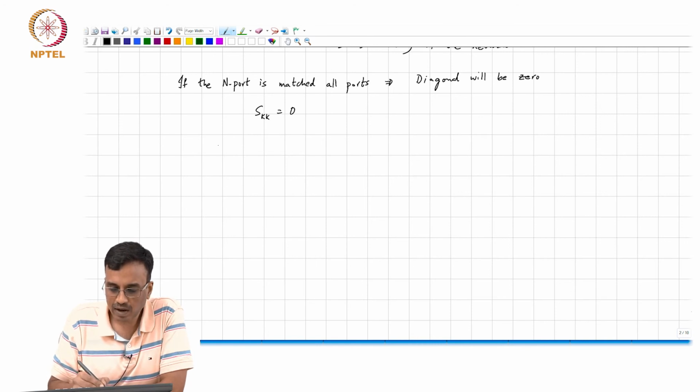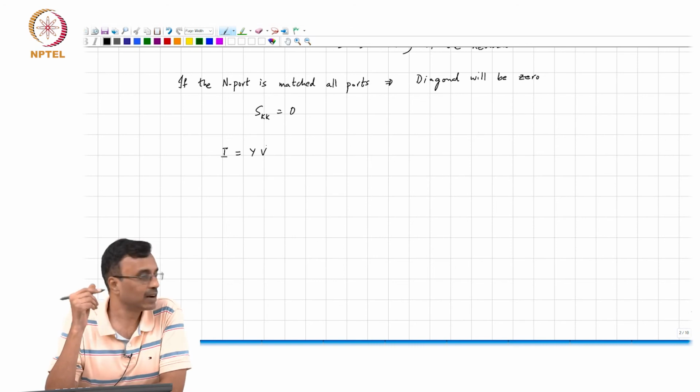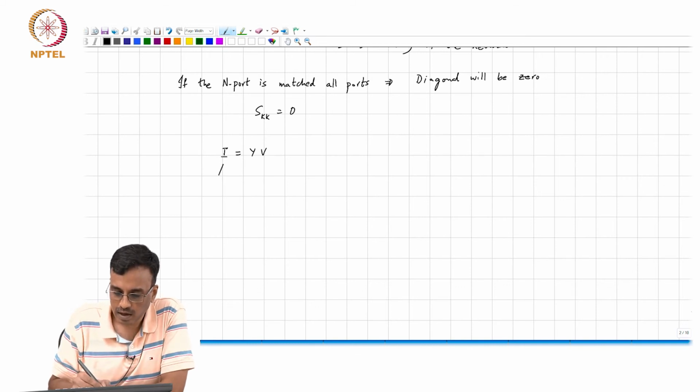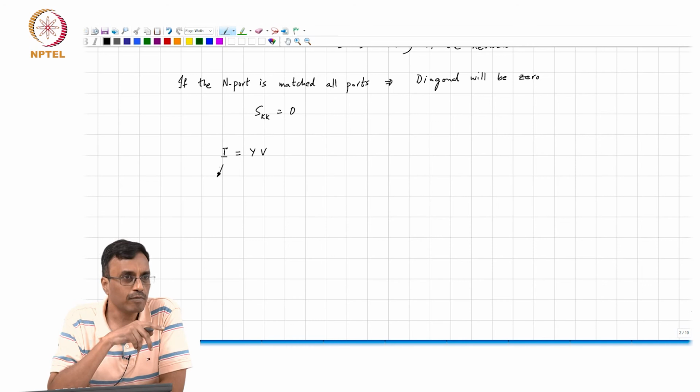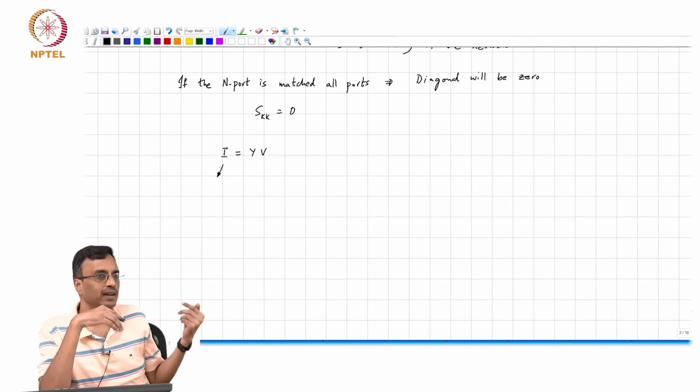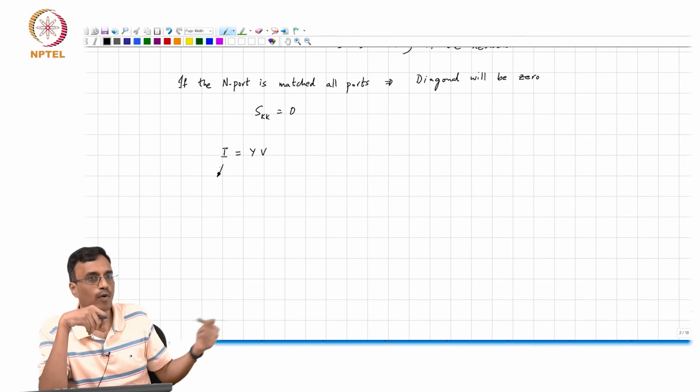So the Y matrix of an n port basically relates currents to voltages, where I and V are column vectors with n terms, and Y is an n by n square matrix. Now, we are trying to relate it to the S parameter set, and the S parameter set only recognizes forward and backward going waves.